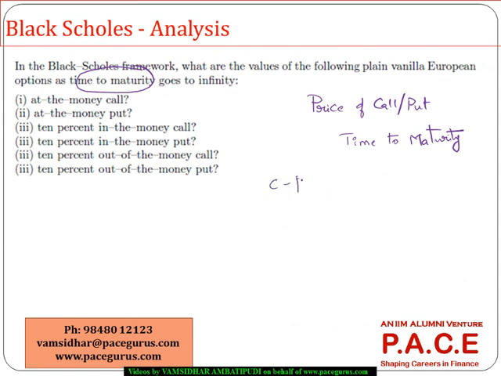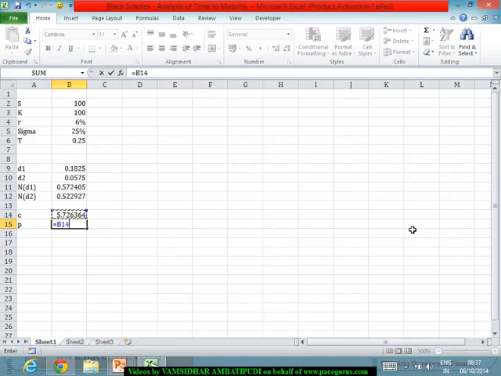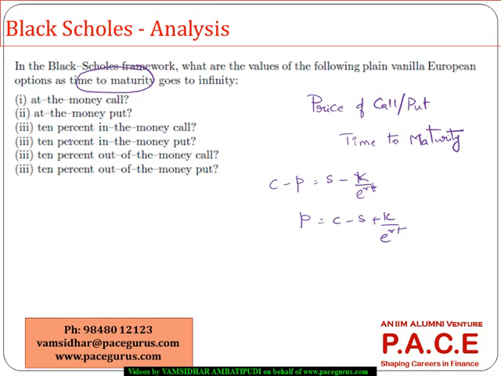Put-call parity says C minus P is equal to S minus K by e to the power RT. So from here I can find P, which is C minus S plus K by e to the power RT.